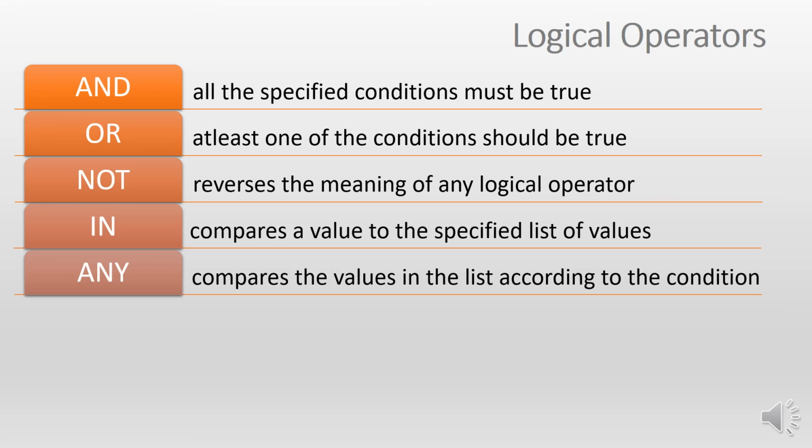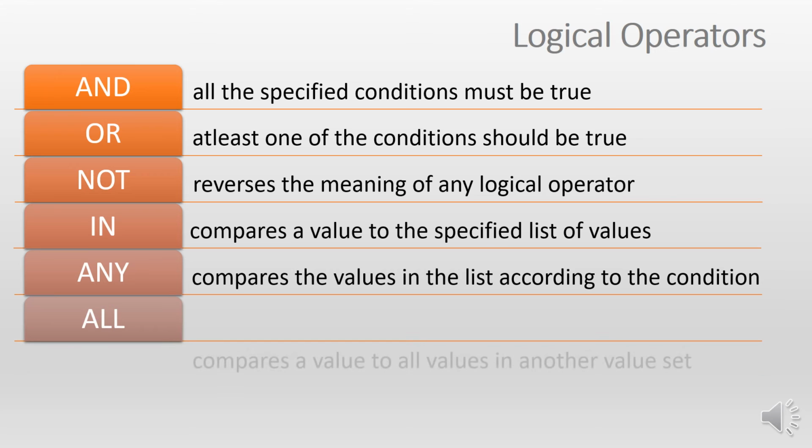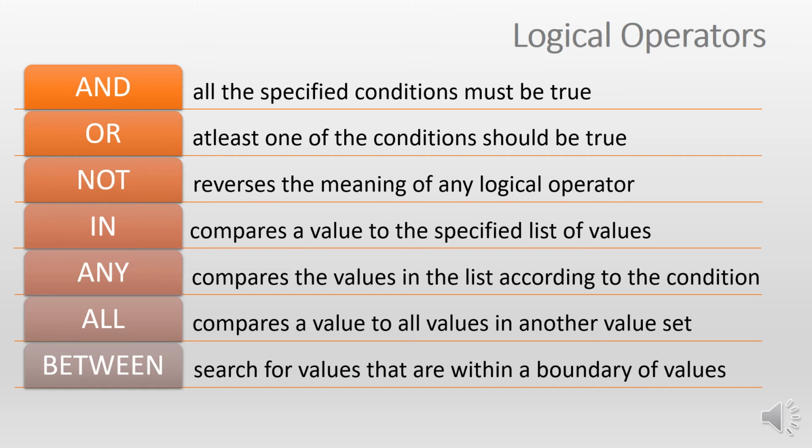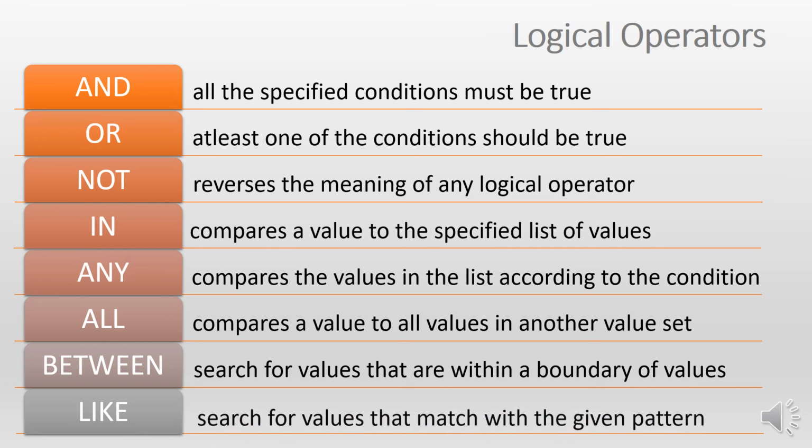ANY compares the values in the list according to the condition. It should match with any one of the given values. ALL will be used to compare a value to all values in another value set. BETWEEN is used for boundary checking. The values should match within the boundary of given two values. LIKE is used for string pattern matching. It searches for values that match with the given pattern.